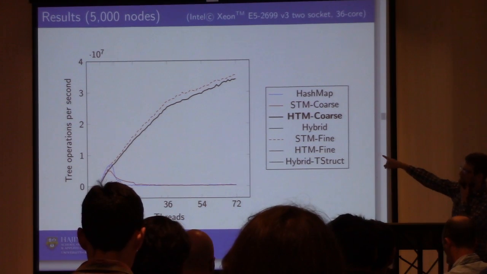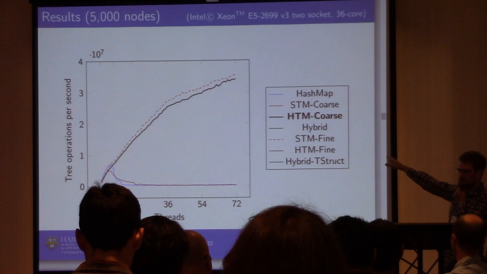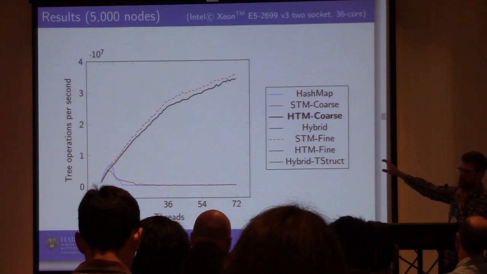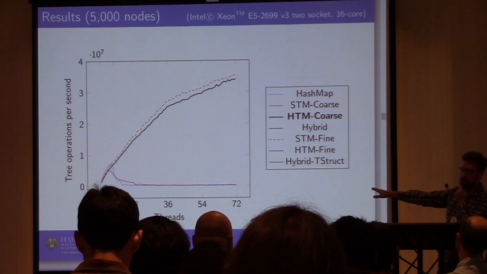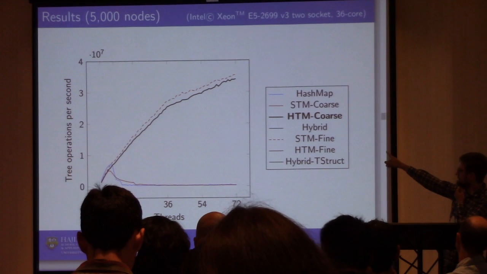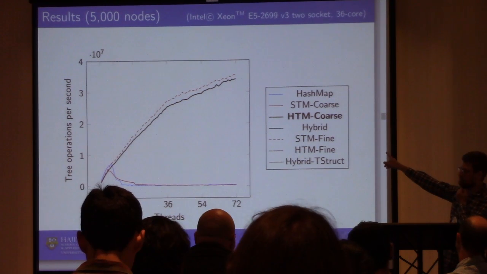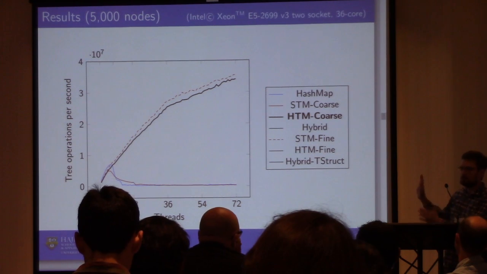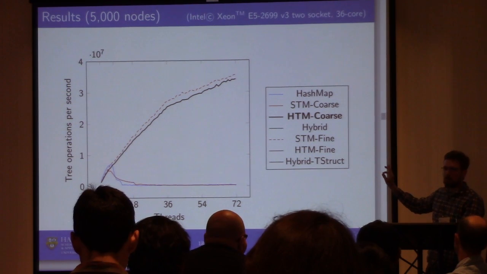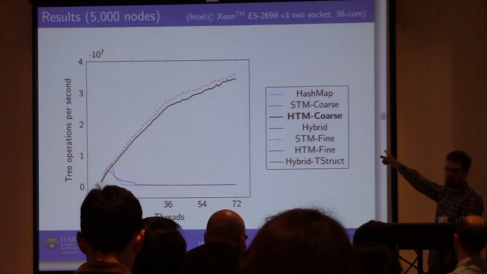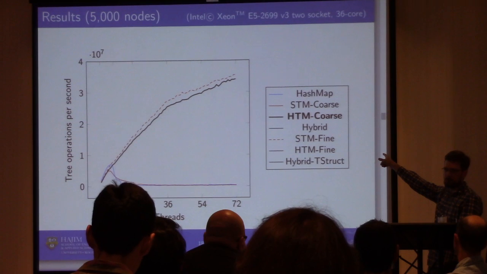So what this is telling us is Intel's new feature allows us to write code that's really easy to reason about with a single global lock and get performance that's almost the same as this complicated fine-grained locking scheme. And that's a great story. So there are probably a lot of other places in the runtime system where we can do this sort of simple transformation and get some really good performance.